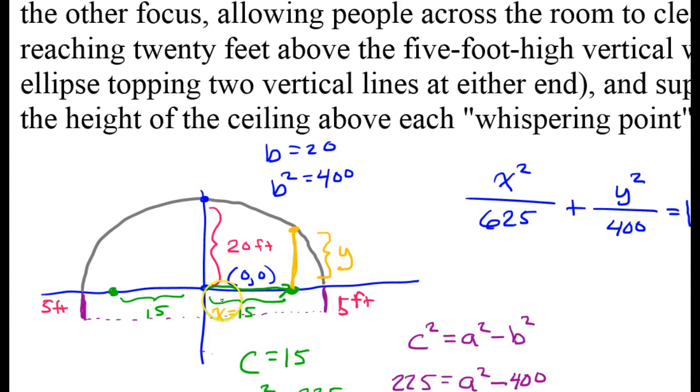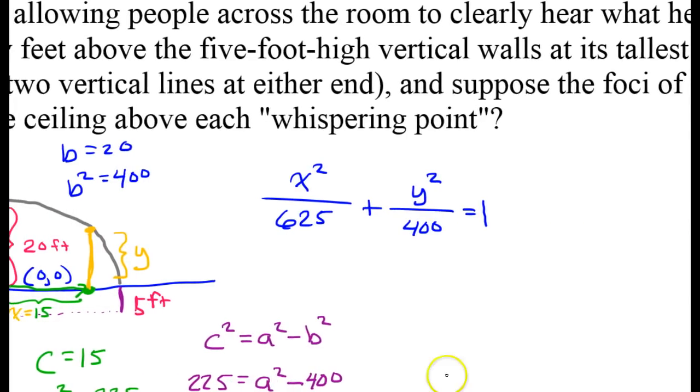So we just need to substitute 15 for x and then see what the y value is, and that'll be the height above the focus. And that should be the same, because of symmetry, it'll be the same on the other side as well. Alright, this will be the same y value. Okay, so substituting 15 for x, commence.